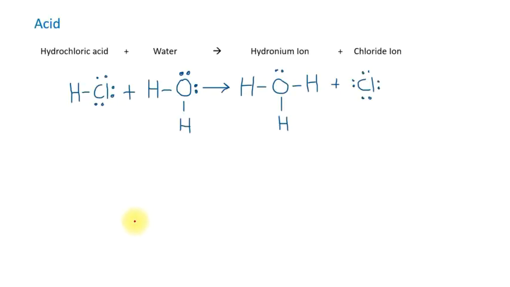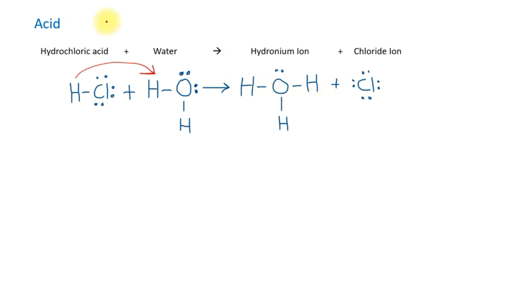So let's look at the acid that we talked about last time. We have hydrochloric acid, and the hydrogen ion gets donated, and that hydrogen ion is what is released, and the acid donates this to the water so that the product contains hydronium.